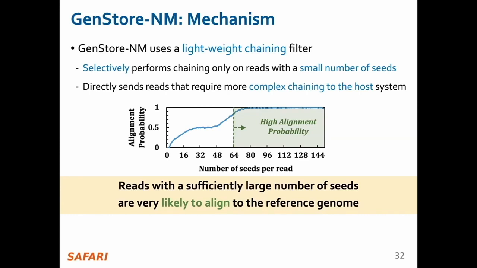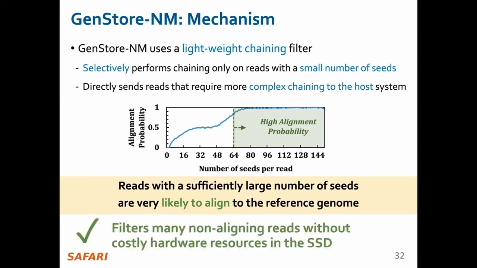Basically, in a nutshell, there is no point in investing in a bulky accelerator to work with reads that have many seeds, because these reads in all likelihood would not be filtered. So we conclude that the selective lightweight chaining approach can filter many non-aligning reads without costly hardware resources in the SSD.